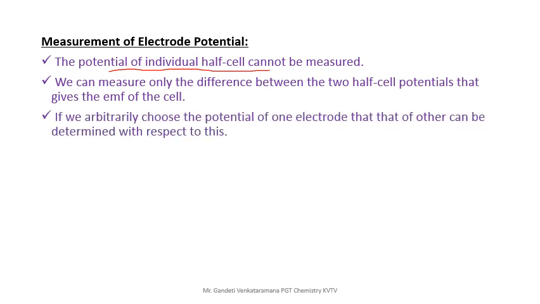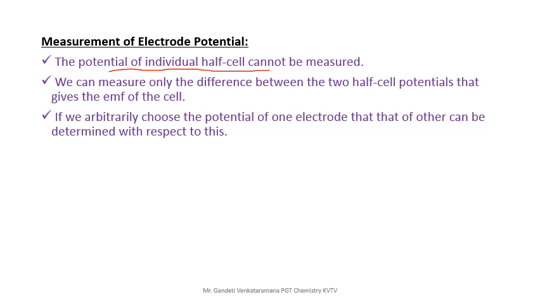Next, if we arbitrarily choose the potential of one electrode, that of the other can be determined with respect to this. So finally, if you want to measure the electrode potential of a particular half cell, what do we have to do? First, we choose the potential of one electrode.